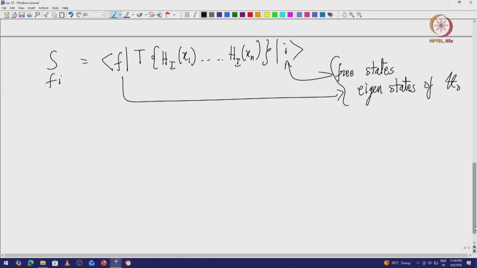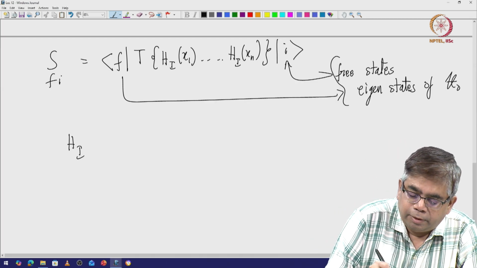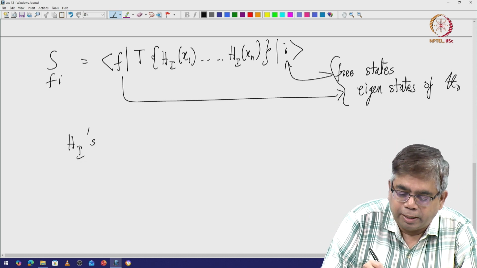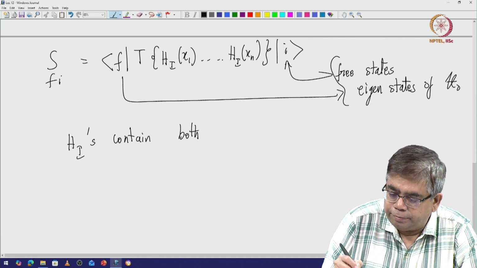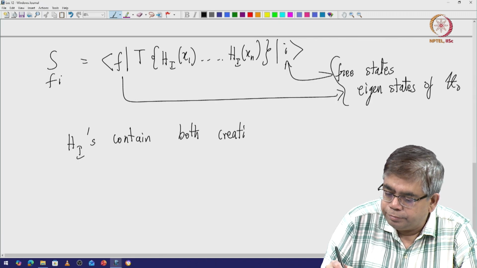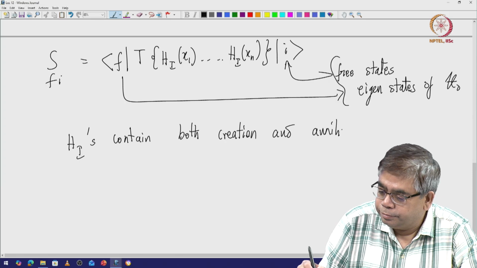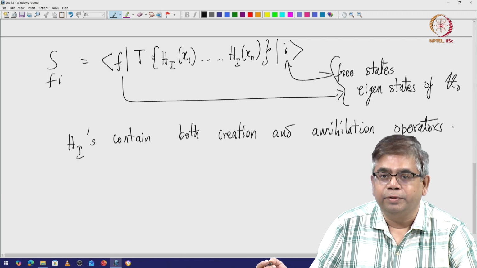Now the point is that we have to somehow deal with the fact that the H_I's contain both creation and annihilation operators. How did we see it last time?